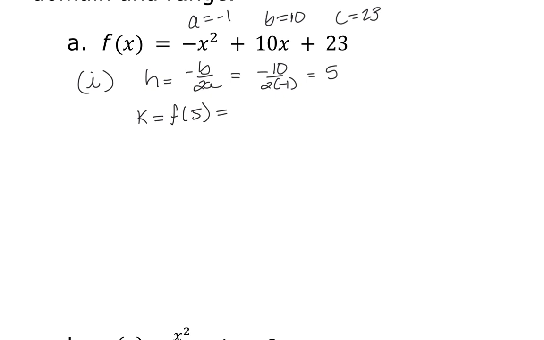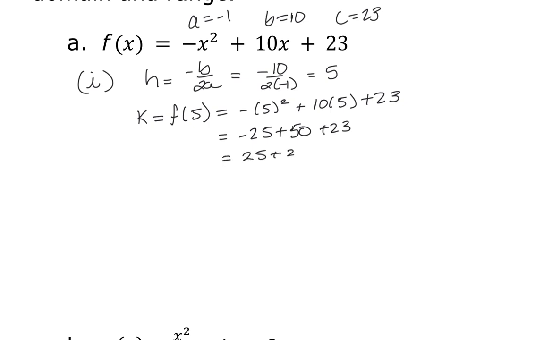So I'm going to write this as -5, the quantity squared, plus 10 multiplied by 5 plus 23. So this is -25 plus 50 plus 23. So this is 25 plus 23. So I end up with 48. So my vertex, my answer for this part, is going to be 5, 48.